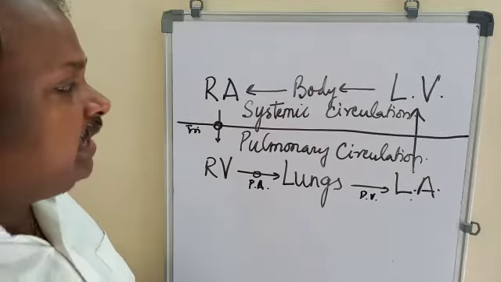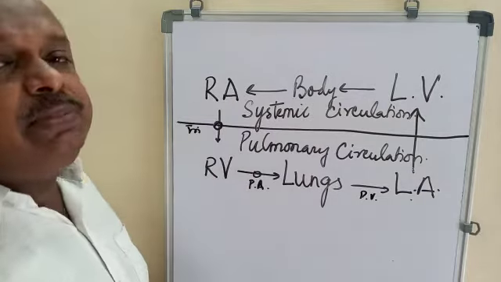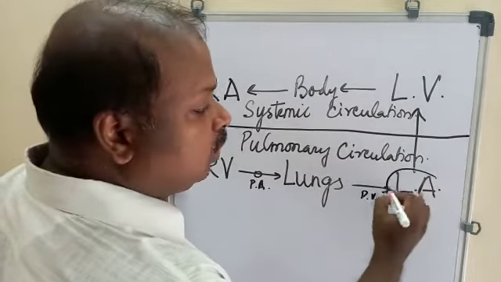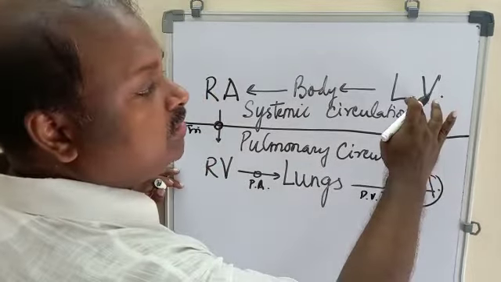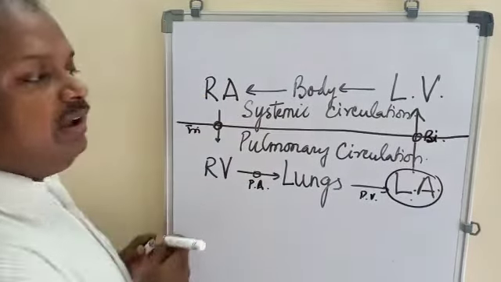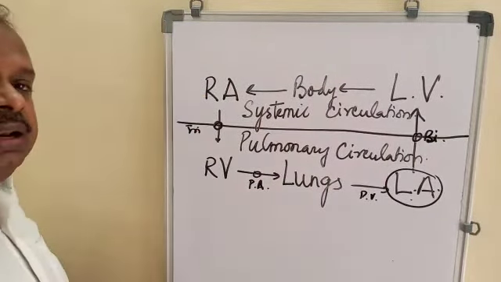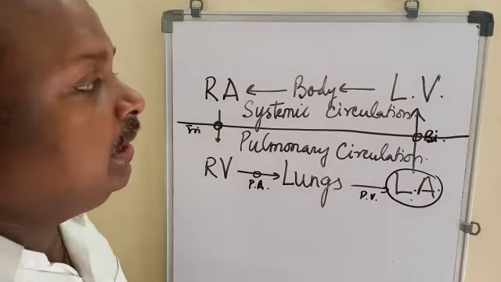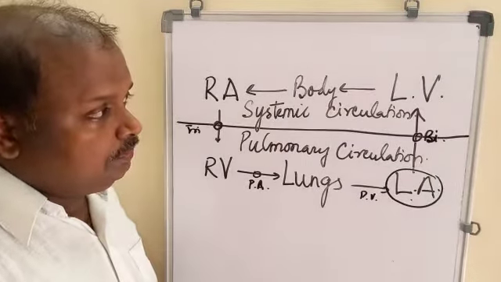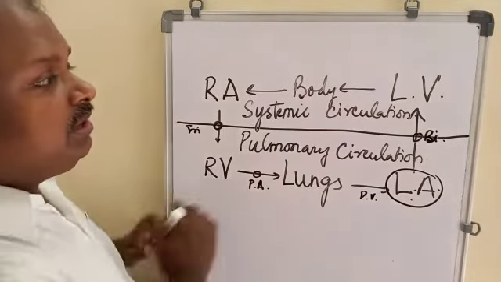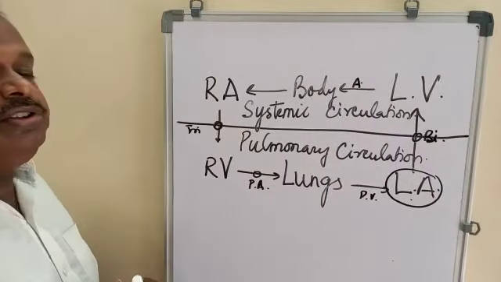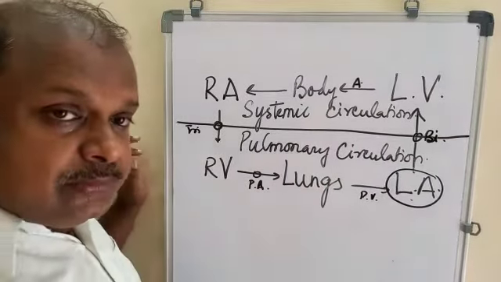The next part that we will start with is the systemic circulation. Now, from the left auricle, the oxygenated blood reaches the left ventricle with the help of the bicuspid valve. Now, from the left ventricle, with the help of the aorta, the oxygenated blood reaches the body parts.